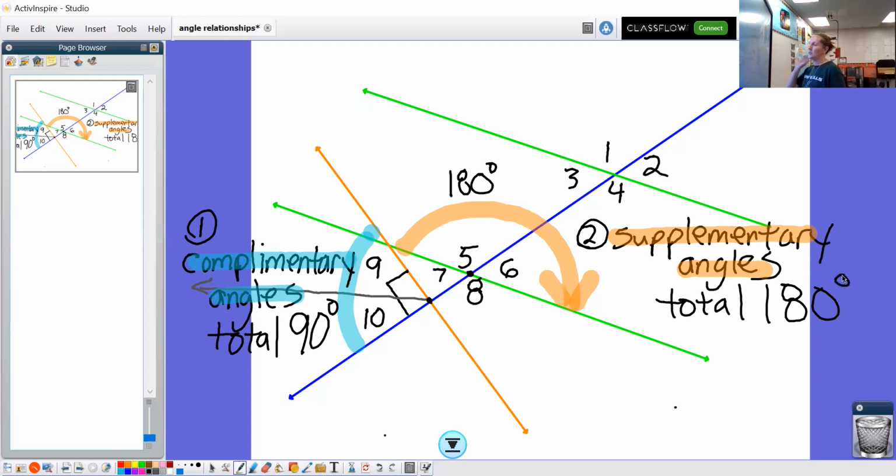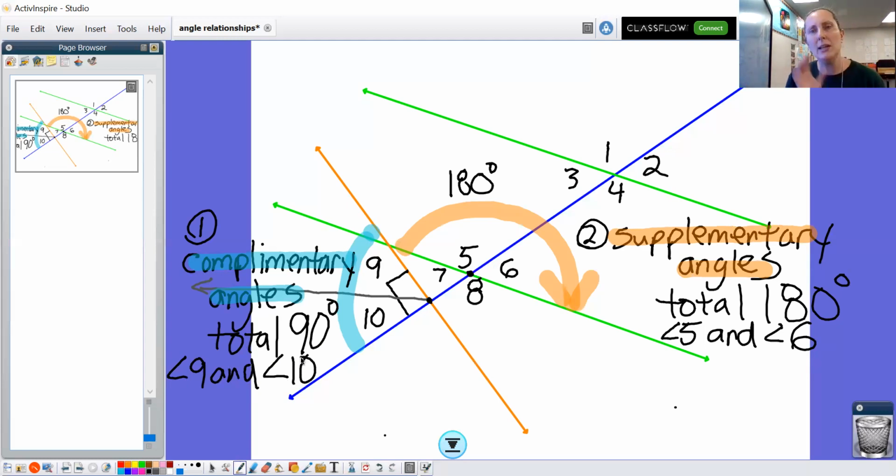I left off my degree symbol. And let's put angle 5 and angle 6 here so that we can remember when we check our notes later. Okay, and complementary angles, we have angle 9 and angle 10 are complementary.